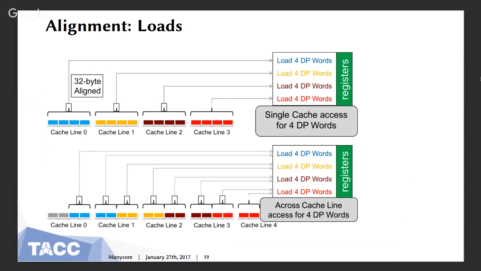And so what has to happen is the processor has to do a load from cache line 0, then it has to do a load from cache line 1, and then it has those 4 words. So it took 2 loads to move the same amount of data that the aligned loads in the top were able to do in 1. And so you can see this continues down the line, and it ends up being double the amount of effort in order to load this data into the vector registers.